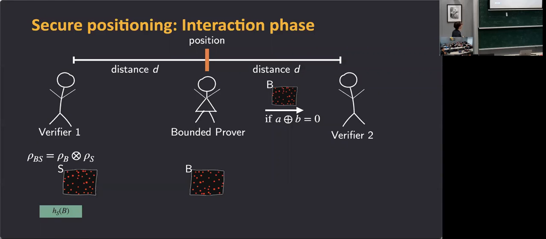Yeah, so instead of doing this hashing, they could do a sample of position. And then in the end, Alice keeps the whole box and she just sends a sample of position. But that's now classical information, and that can be sent at the speed of light.